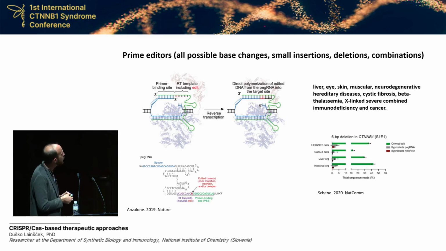You can also insert small deletions. You could also insert several new de novo DNA sequences. There is some literature that prime editors were successfully used to include several hundred base pair de novo sequences, and you can also do all different combinations by using prime editors.